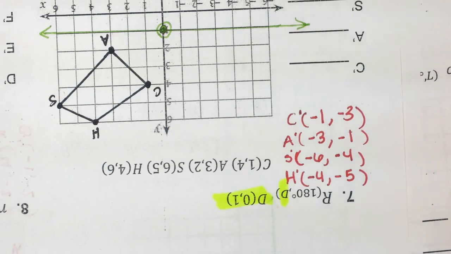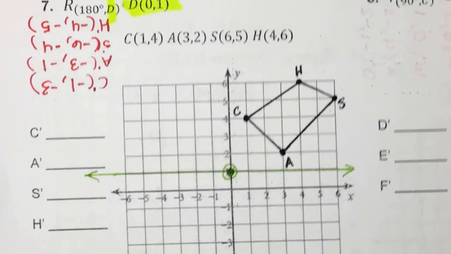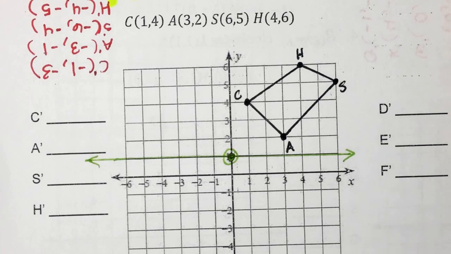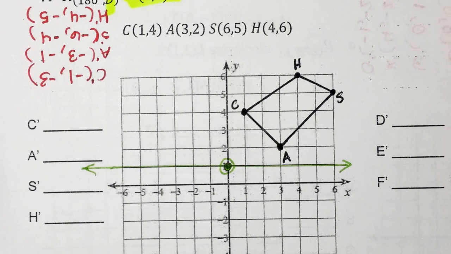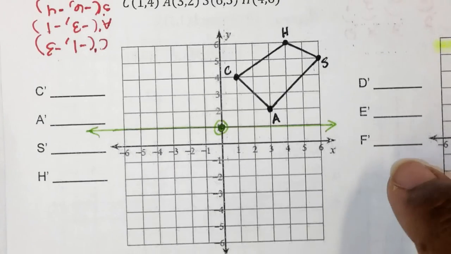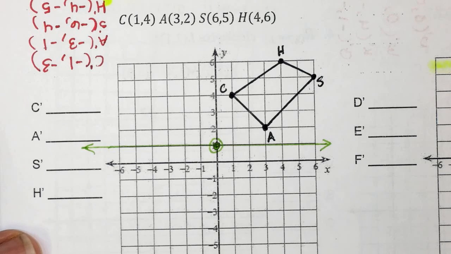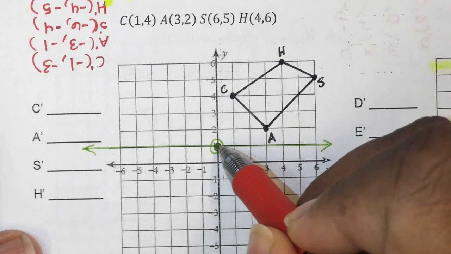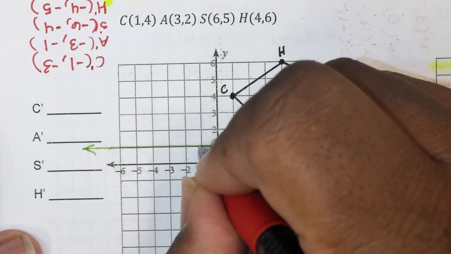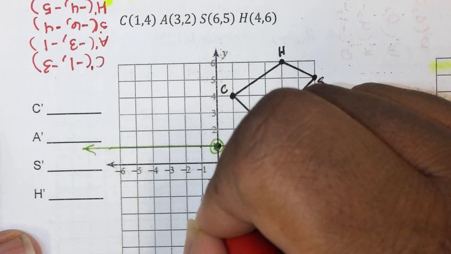We can turn our paper back. Using those points. Let me zoom out just a little bit. Using those points that we just pulled, we're going to graph our image from the center of rotation though. So from this point, I'm going to do my C, which is -1, -3, -1, then down 1, 2, 3.